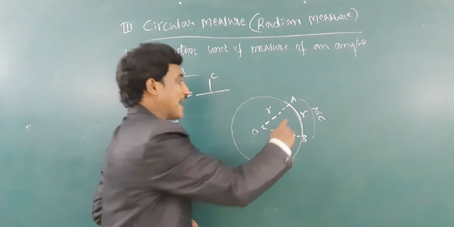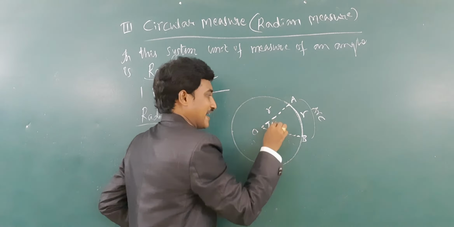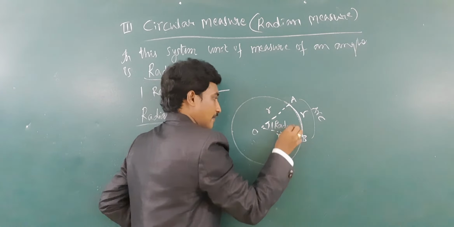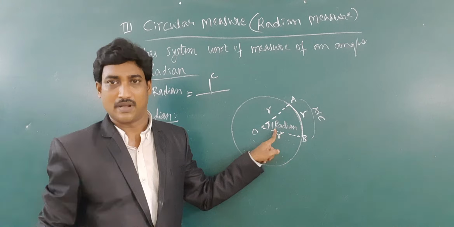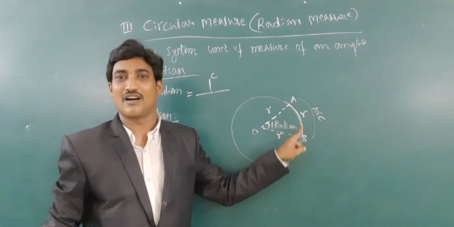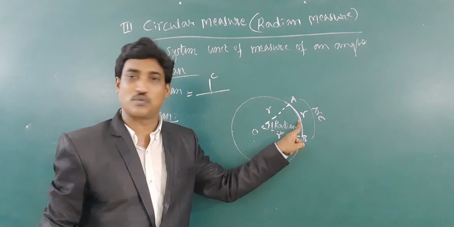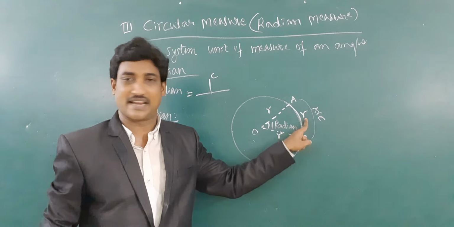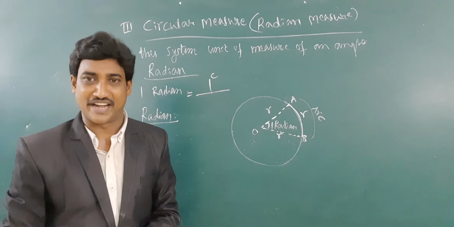Then the angle made by this arc at the center is called 1 radian.